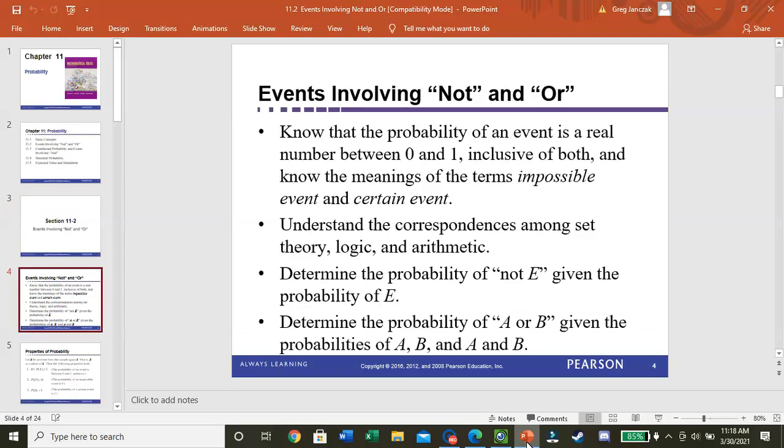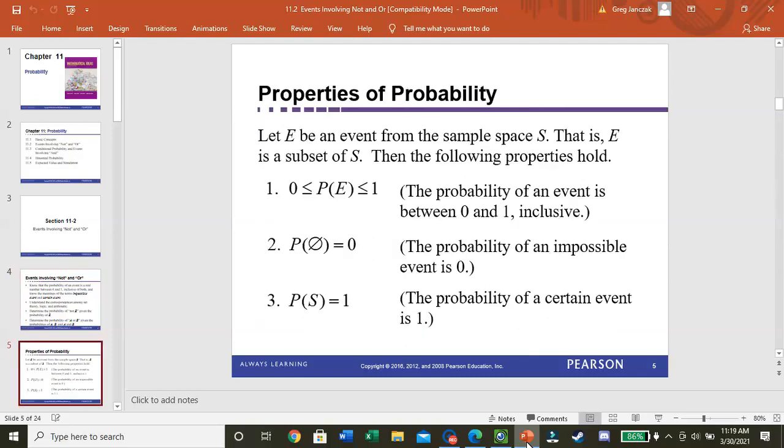So our objectives are: knowing the probability of an event is a real number between 0 and 1, knowing the meaning in terms of a possible event and a certain event, understanding the correspondence among theory, logic, and arithmetic symbols, determining the probability of not an event, given the probability of the event occurring, and determining the probability of event A or B, given the probabilities of A, B, and AB. All right, so let's see what all that means.